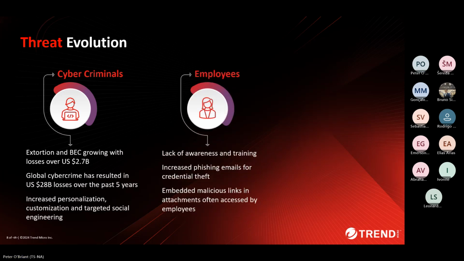And then, as I said, employees and social engineering are still an issue. So employees clicking on the wrong thing, the lack of awareness, which you would think by now they would have, but still. That's why training matters.